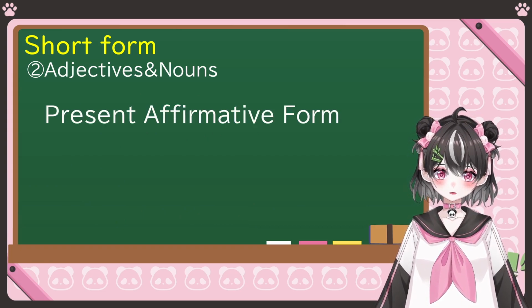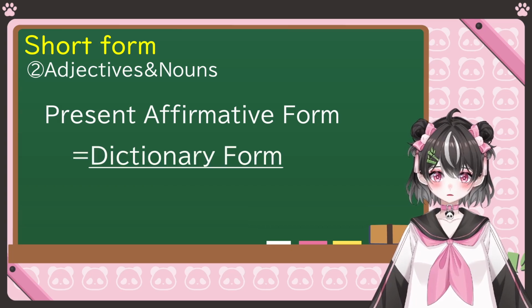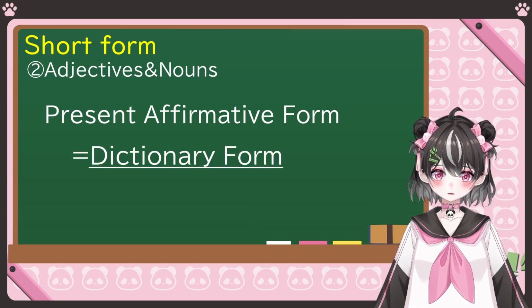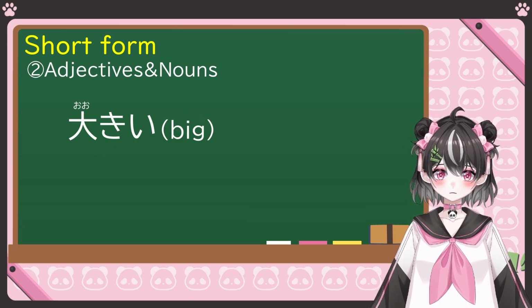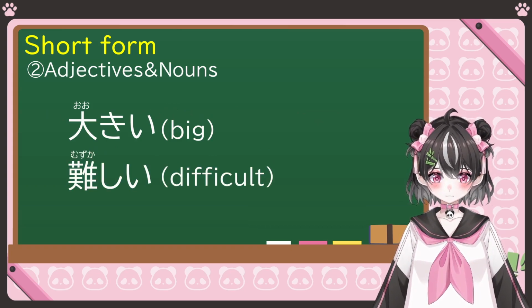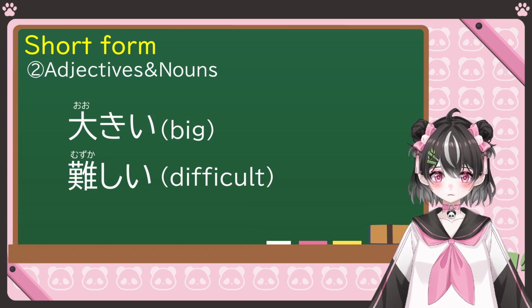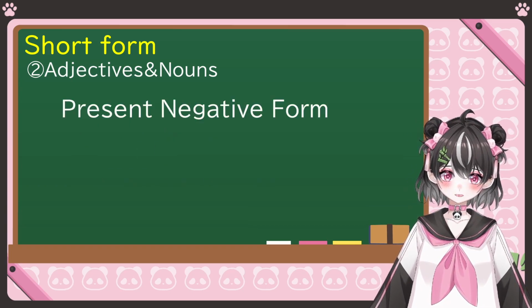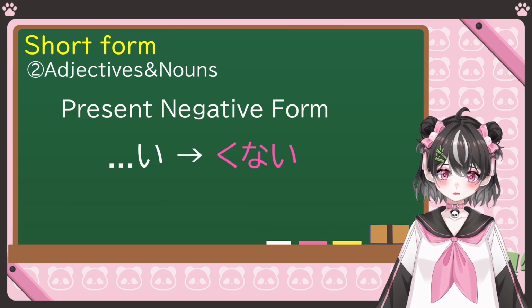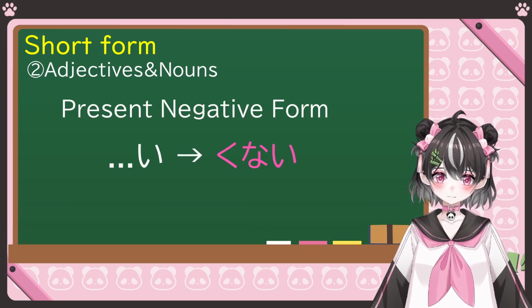The present affirmative form is the same as the dictionary form, just like verbs. Like 大きい、難しい。For the present negative form, you change the final i to くない, right?